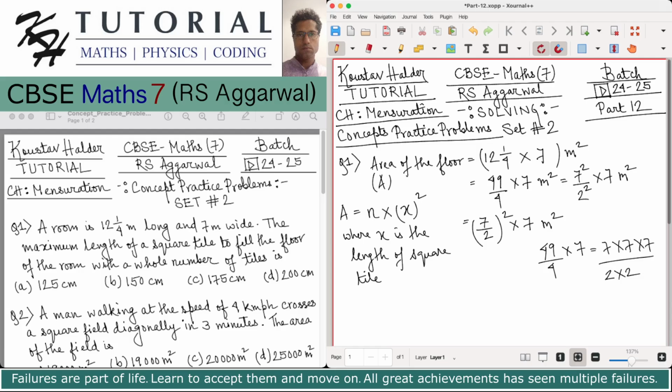Now clearly you can see the only way of expressing the area of the floor in the form of n into x square is 7 by 2 whole square multiplied by 7.